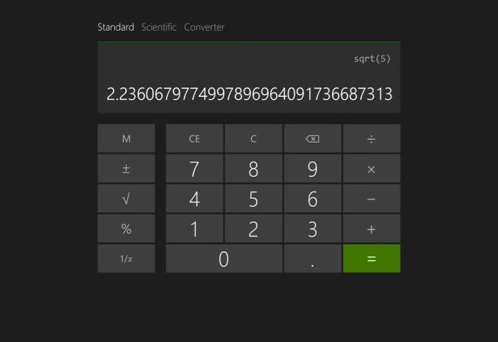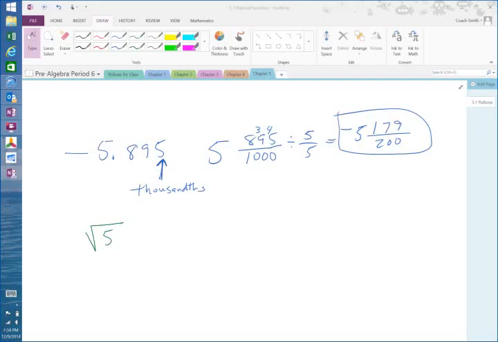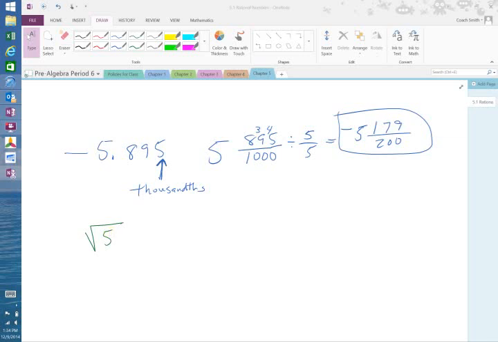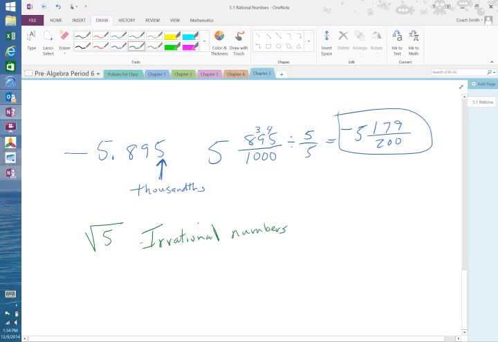And that brings us to numbers that are not rational. Numbers that are not rational are called irrational numbers.